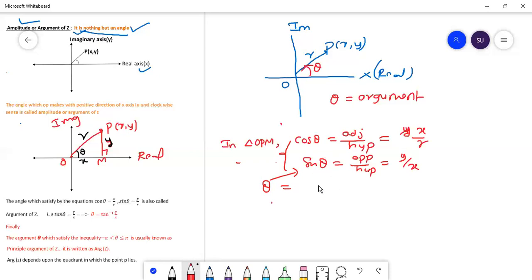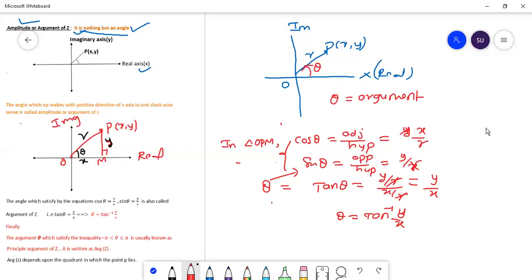From these two equations, can we write tan theta? As we know, tan theta is equal to sin theta by cos theta, that is y by r by x by r. The r cancels, it becomes y by x. So theta is equal to tan inverse y by x.